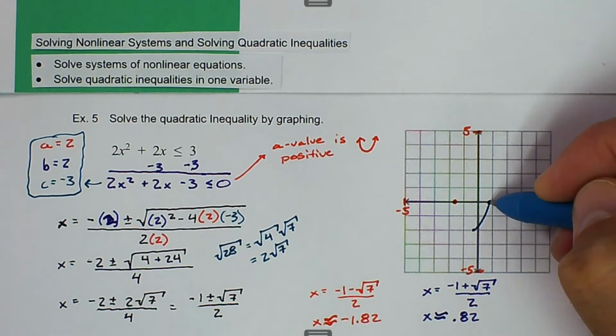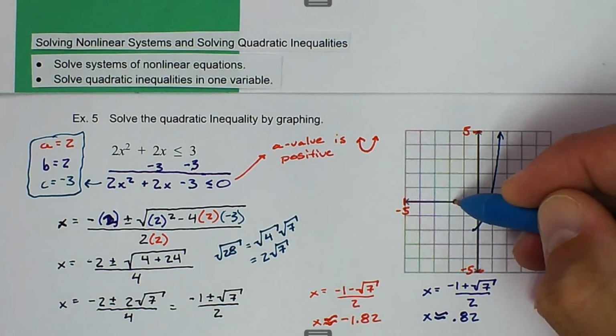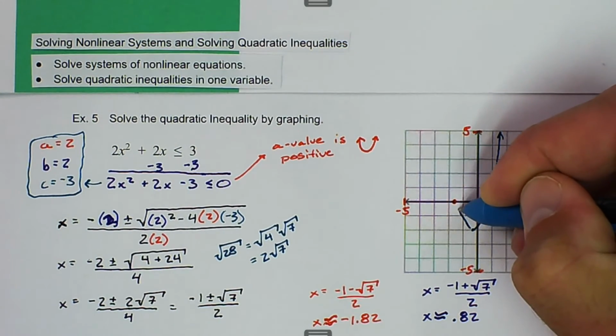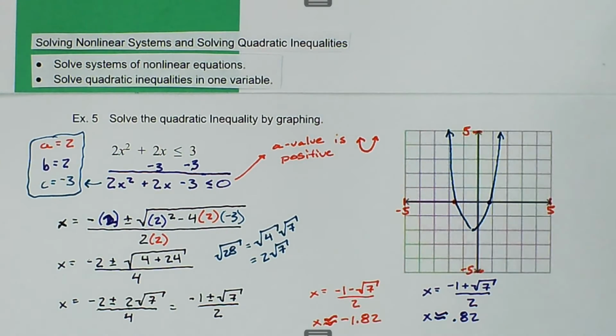And we also know that the axis of symmetry is in the middle, so our vertex should be about in the middle of these 2 points. So that's the sketch of the parabola there.